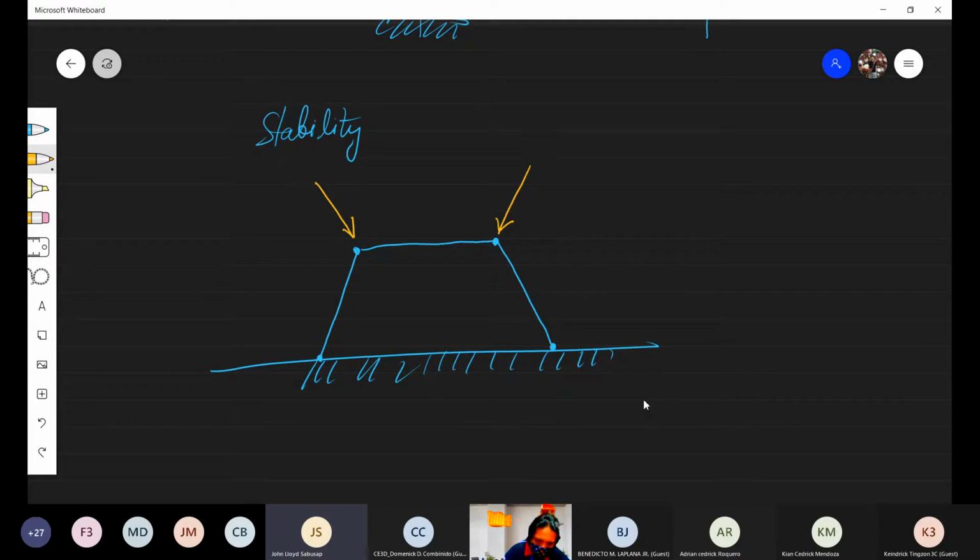Okay, why? Why is it not 4, not 5? Why is this not stable? Because, sir, there are two points without support. It can topple over because nothing supports it.